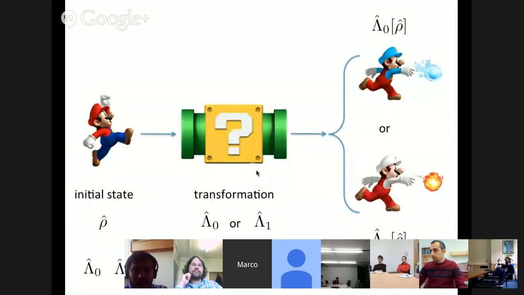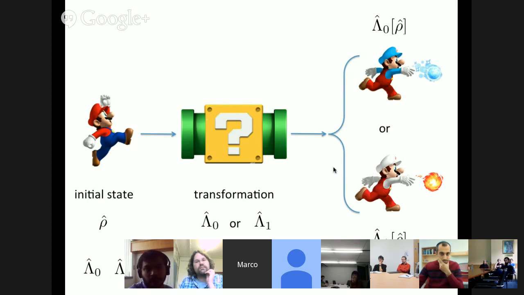So this is the way we are going to look at transformations graphically, but mathematically or formally, especially with the problems of quantum mechanics, what we are going to consider are an initial state here of Mario, a transformation that in this case corresponds to one of two possible quantum channels that lead to two different final states.